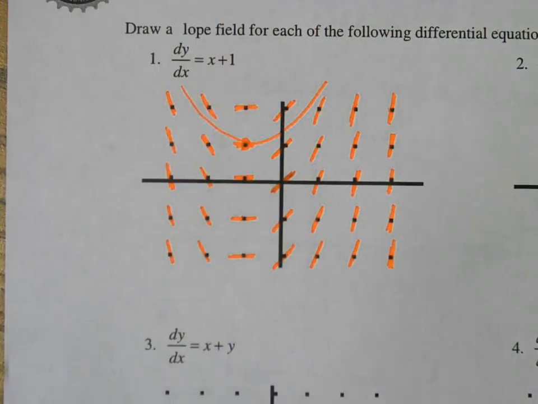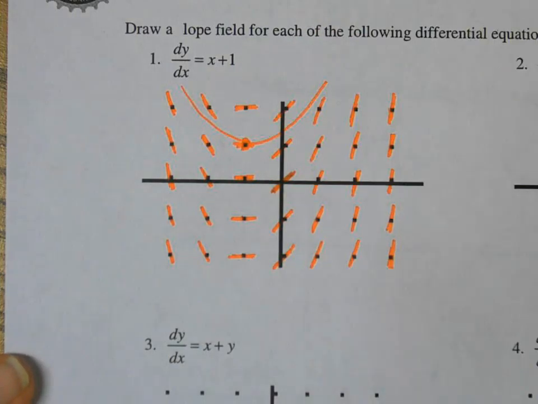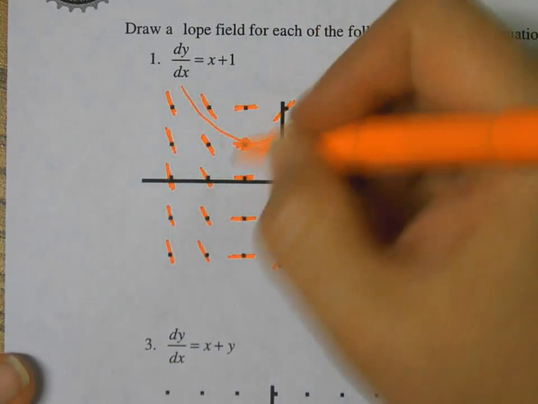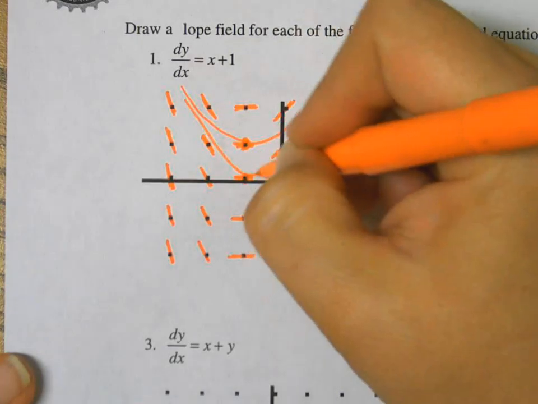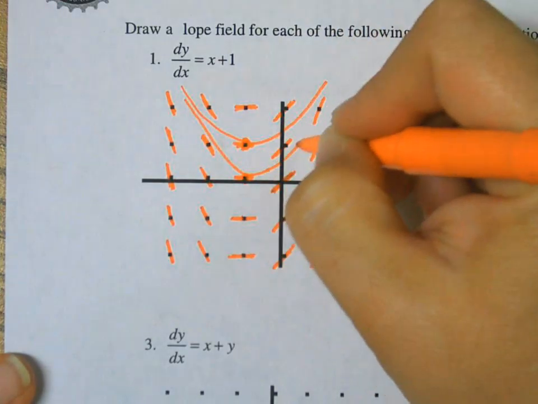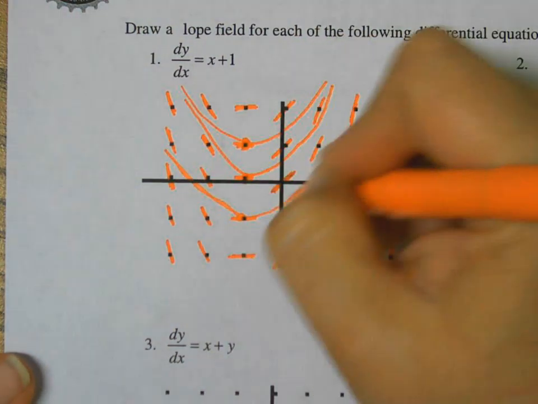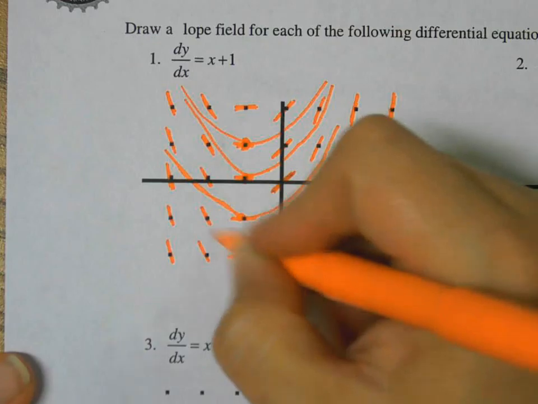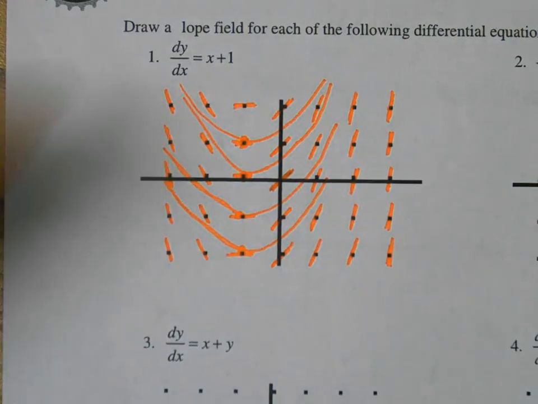And then all the points where y is 2 have a slope of 4, which is pretty steep. And then where all the y's are negative 1, the slope would be negative 2. And where y is negative 2, the slope would be negative 4. So pretty steep and negative.